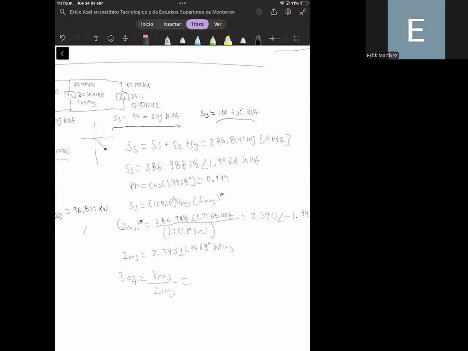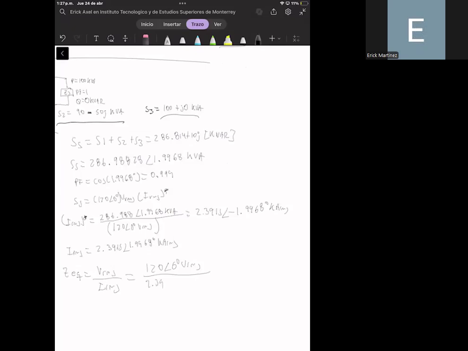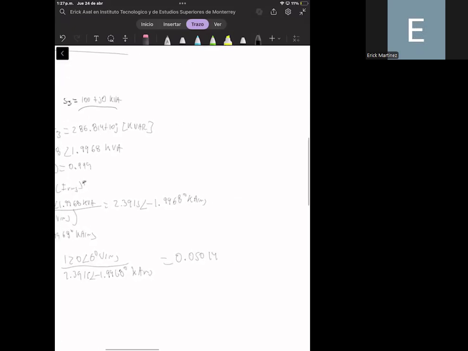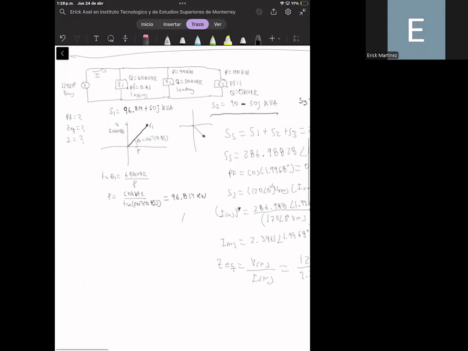So we take the values that we have: 120 with an angle of 0 degrees volts RMS, divided by the current, 2.3915 with an angle of minus 1.9968 degrees kilo amperes RMS, and this is equal to 0.05014 plus 0.001748J ohms. And this is the result of the whole exercise.